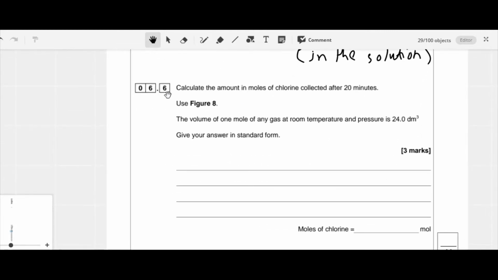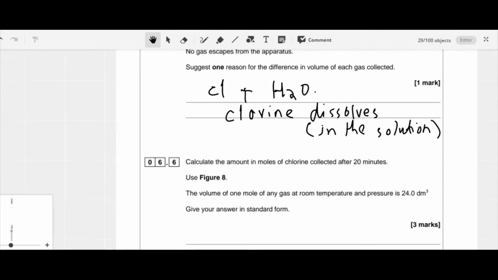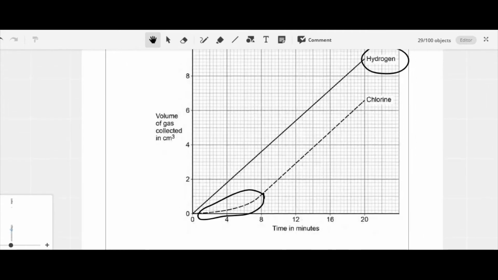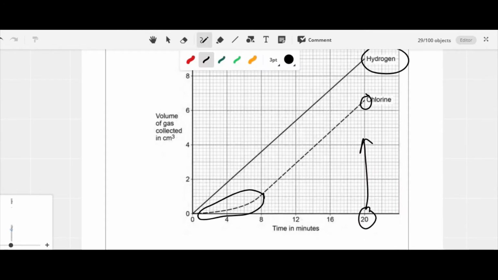Okay, now 6.6. Calculate the amount in moles of chlorine gas after 20 minutes. Use Fig 8. After 20 minutes, the volume of chlorine gas is approximately 6.6 cm³.